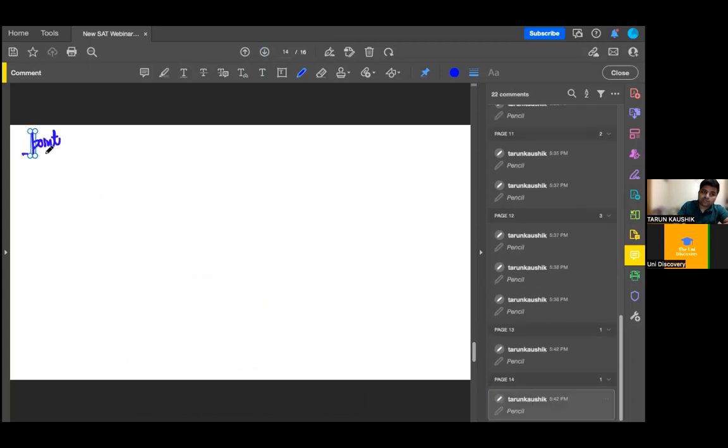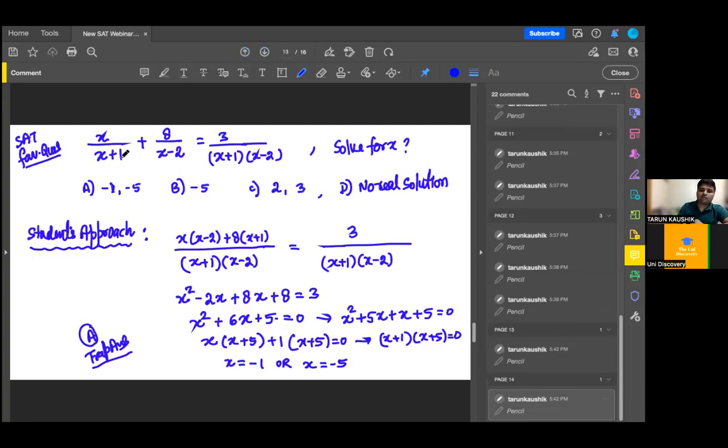So the point is, if we have, let's say, A upon 0, when something is divided by 0, the result becomes undefined.